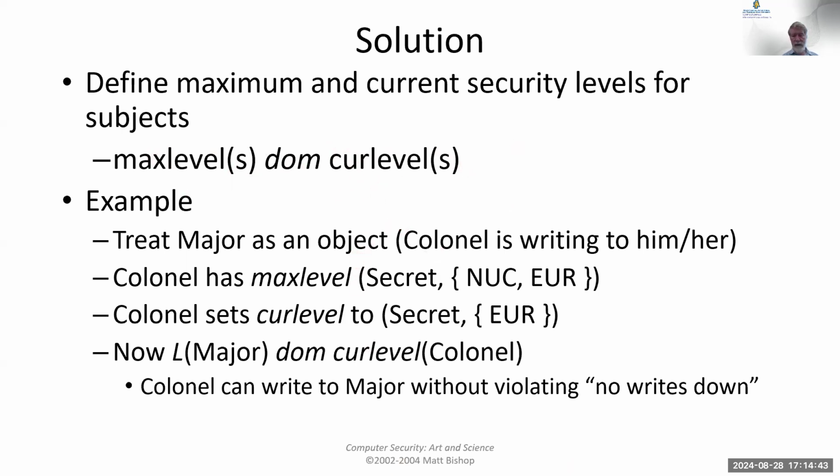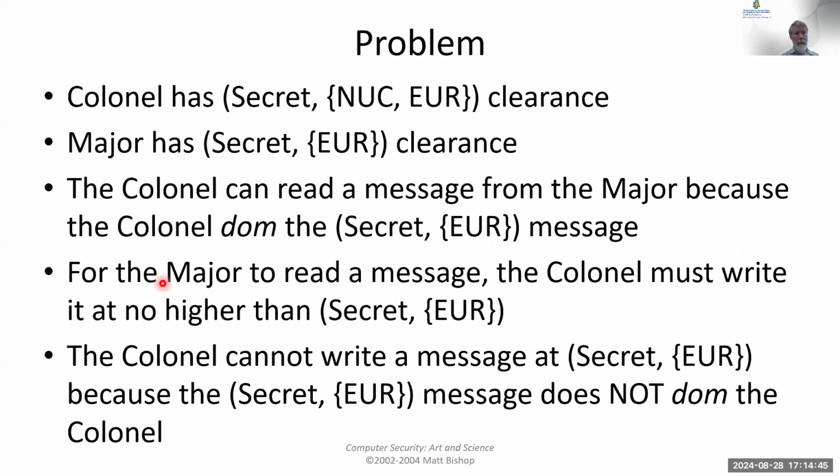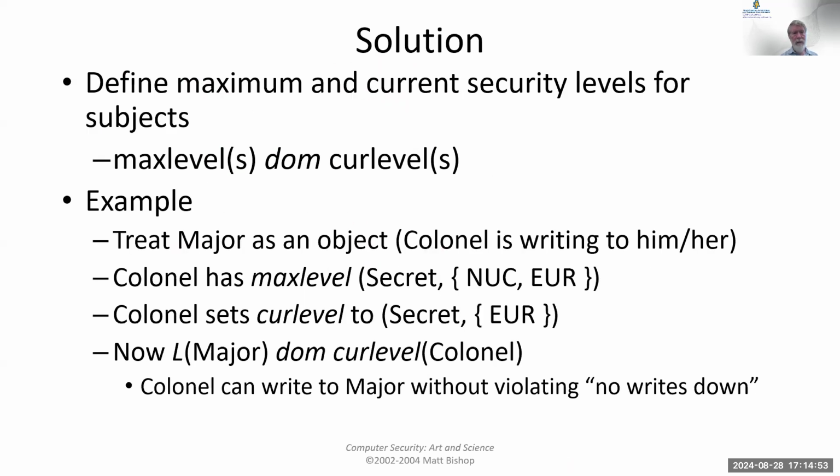The colonel can operate as if they didn't have the nuclear category. That level has to dominate the current level. Okay. So the major is the maximum level. For the current level, the colonel sets its current level to this. And now they can write at the same level and communicate with each other. Okay.